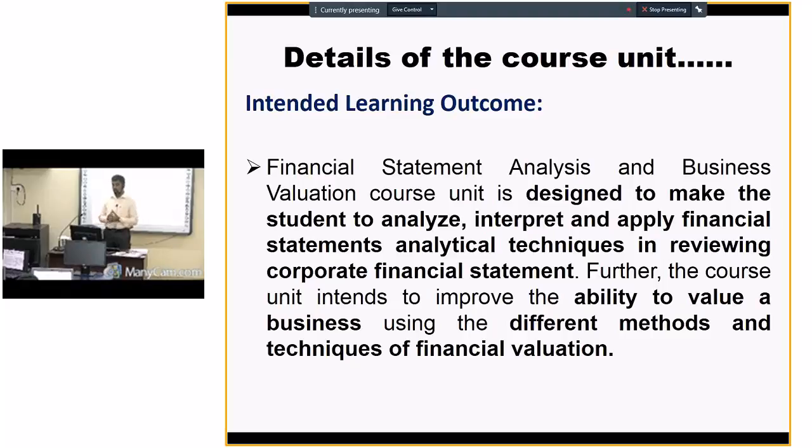Here, we are mainly going to focus on the financial statements, the line items of the financial statements, and the quantitative as well as qualitative characteristics of annual reports and other internal and external information.